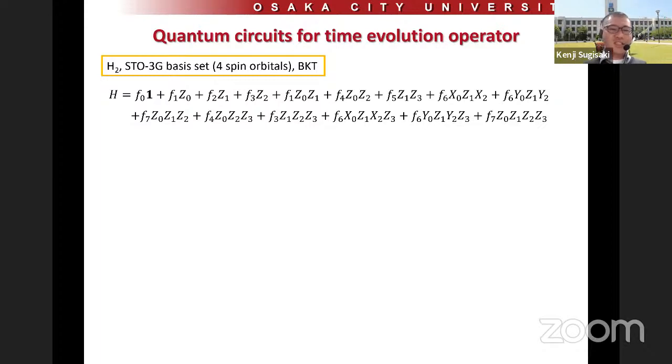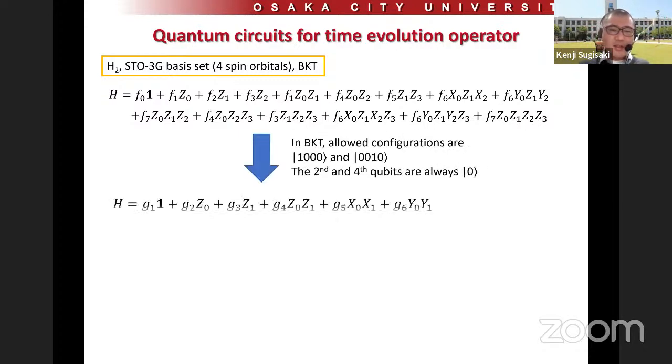So let's think about the hydrogen molecule in the STO-3G basis. The system has 4 spin orbitals. In the Bravyi-Kitaev transformation, the Hamiltonian becomes something like this. This is the constant term and Pauli operators acting on the qubits, up to 4 Pauli operator terms.